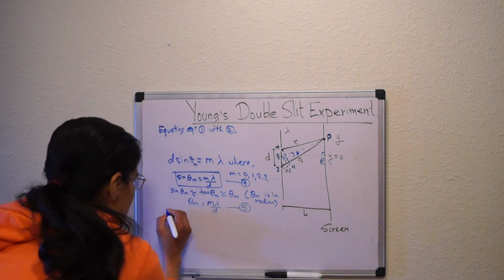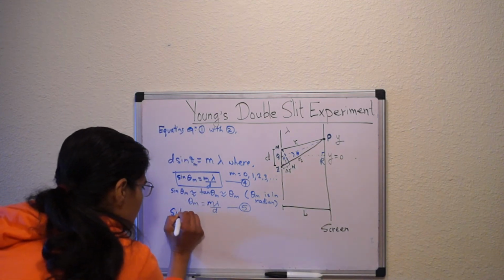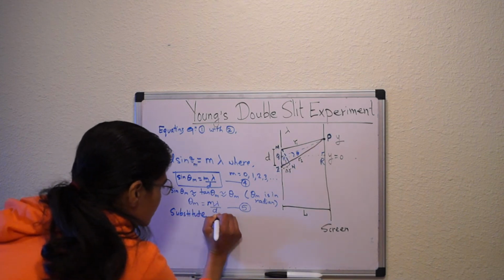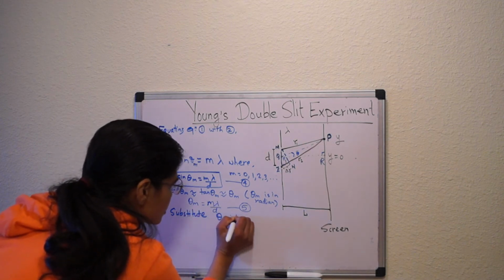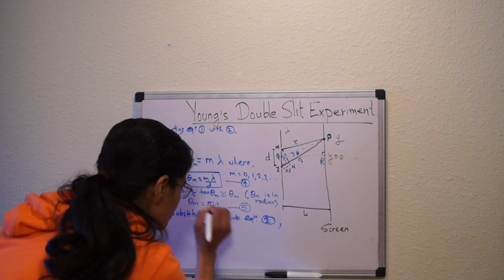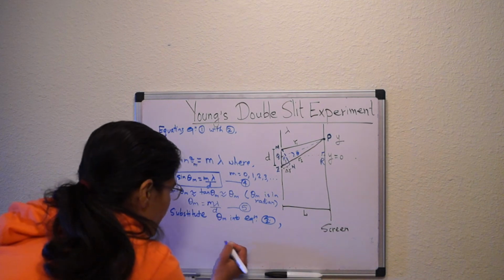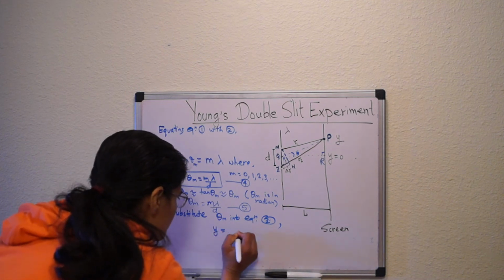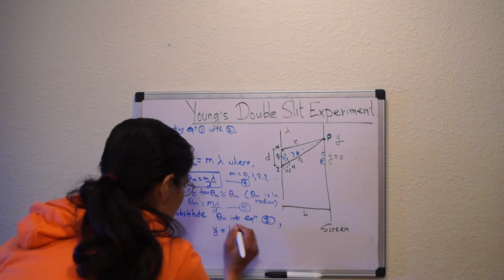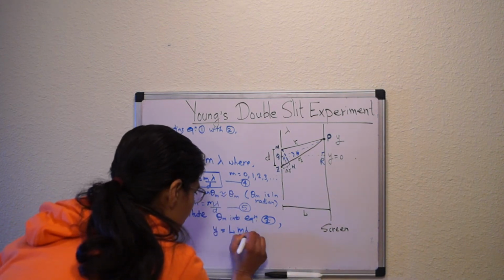So substitute the value of theta m into equation 2. That will give us y equal to L tan theta, which would be just theta m, so m lambda by d.